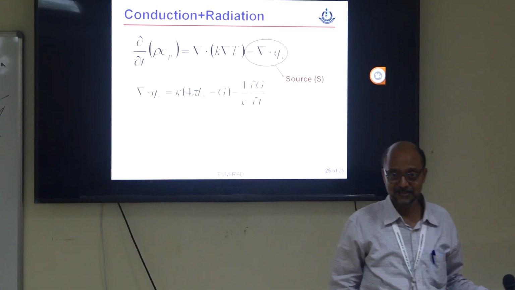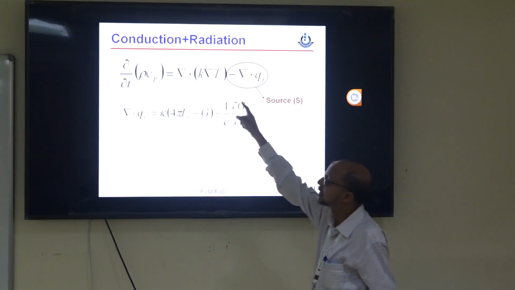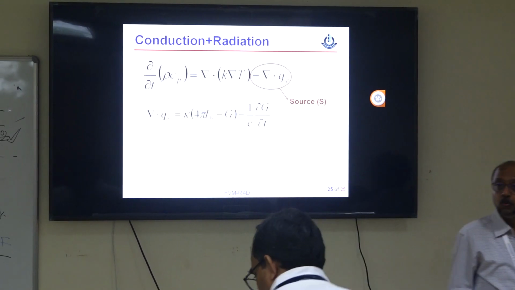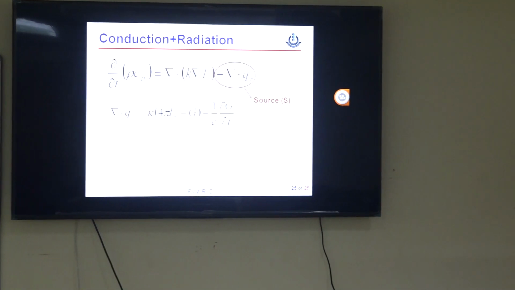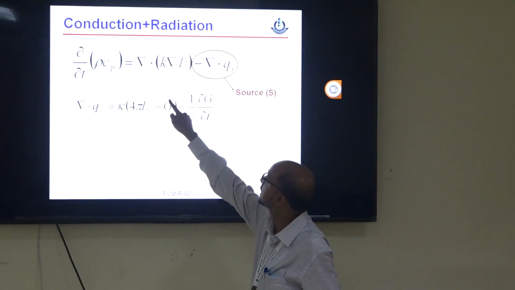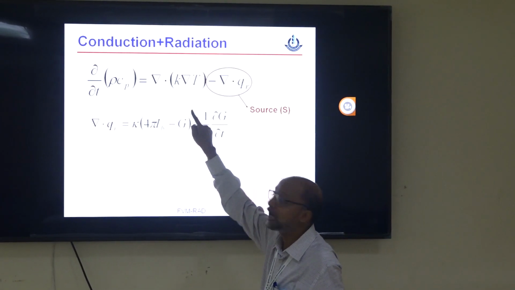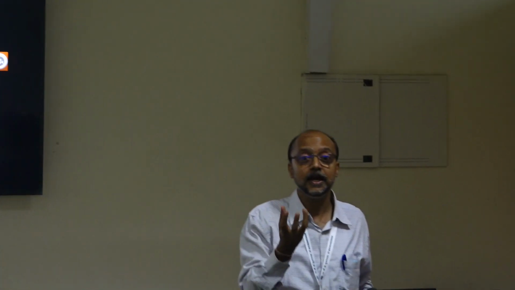So in order to solve this transport equation, we need the radiation information now. What is unknown here is G. G is the unknown term, because G can only be obtained when you have an intensity field everywhere inside the room. G is the irradiation, which is calculated as the integral of I d omega over the whole sphere.